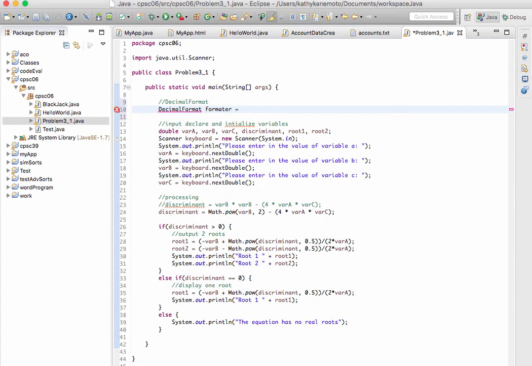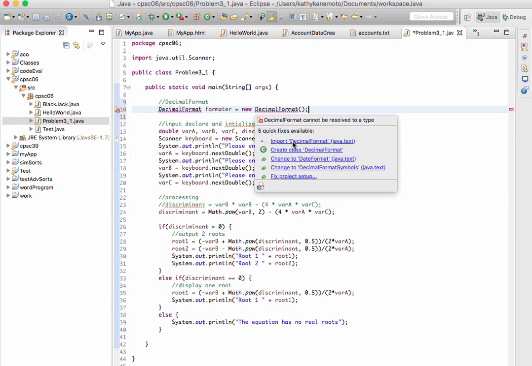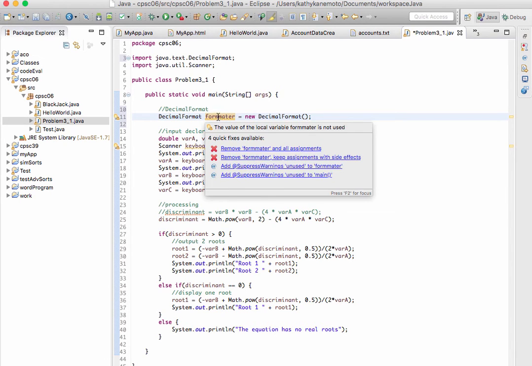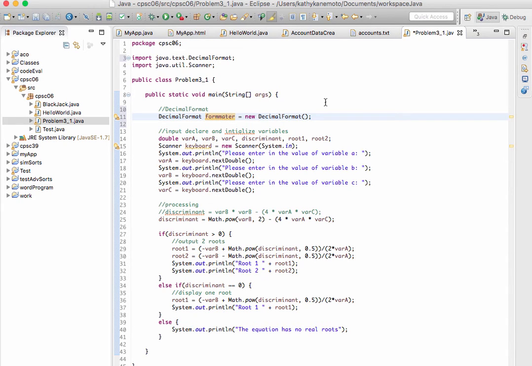So what I'm going to do is make a new DecimalFormat object, kind of like how we made the Scanner object that we named keyboard. And we made it to get input from the user. We're going to use this DecimalFormat object I called formatter to format our decimal numbers when they're output.